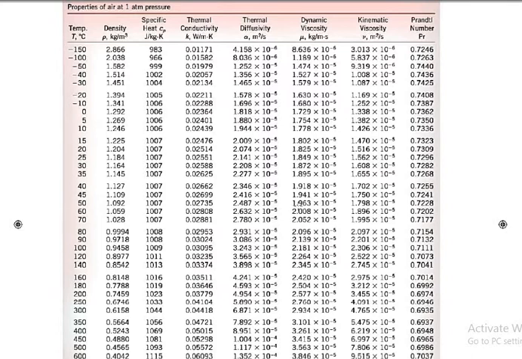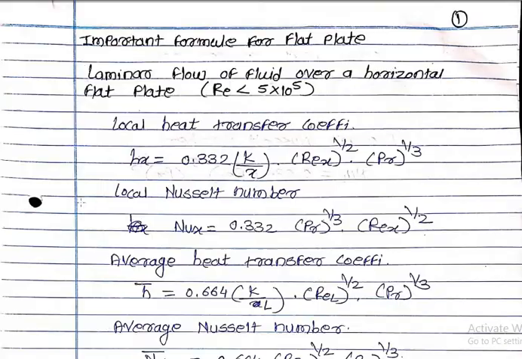Then dynamic viscosity is 1.963 into 10 raised to minus 5. Then kinematic viscosity is 1.798 into 10 raised to minus 5. And Prandtl number is 0.7228. So these are the properties of air at 50 degrees Celsius, which is nothing but the bulk mean temperature or mean film temperature.